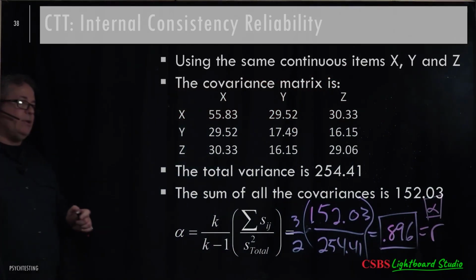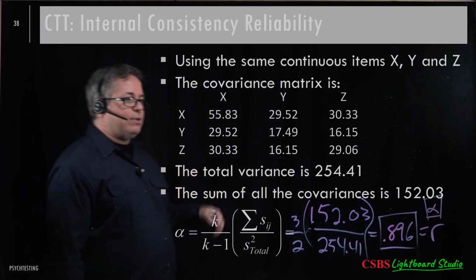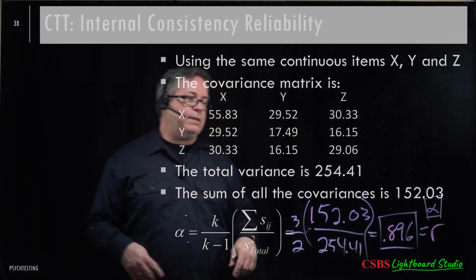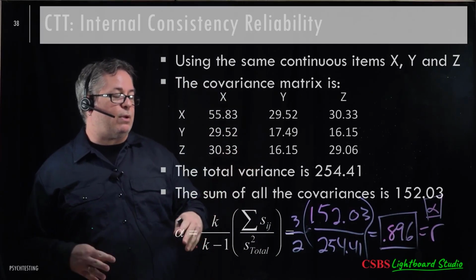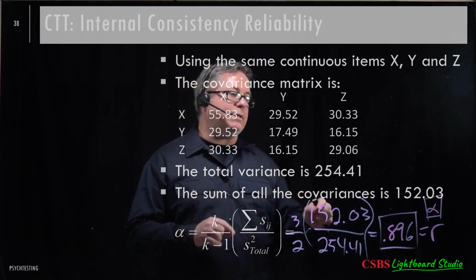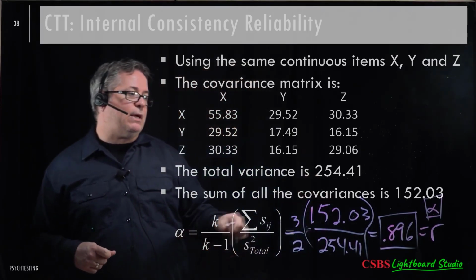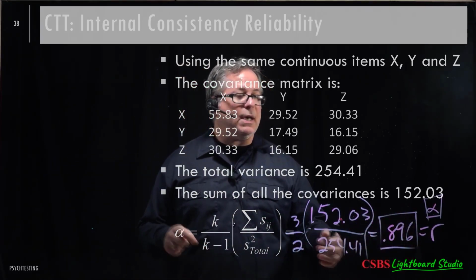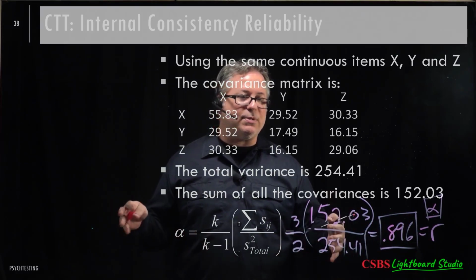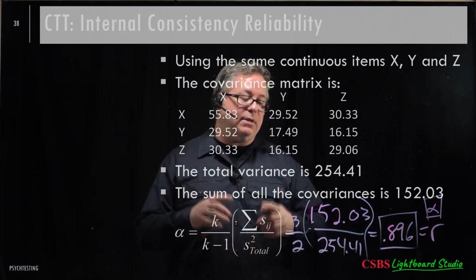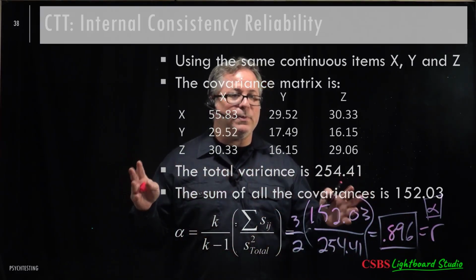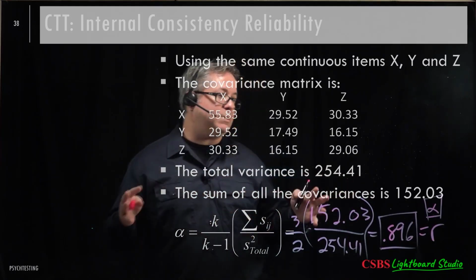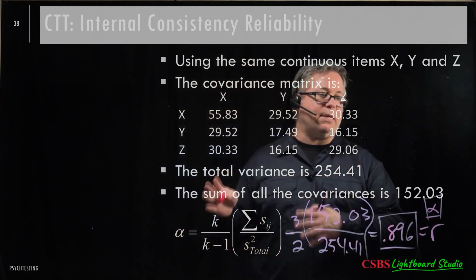Anytime you see a scale mentioned or talked about, like the Beck Depression Inventory, the CESD, whatever it is, they're oftentimes going to throw out there the reliability of the scale. And more often than not, it's going to be the internal consistency reliability, because I don't have to give this twice. I don't have to do it multiple times. I don't have to do anything except give it to multiple people and then look at the internal consistency of the items themselves without having to look at test-retest, or other things.